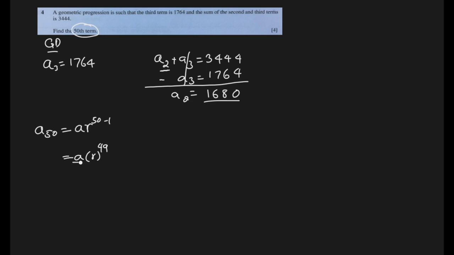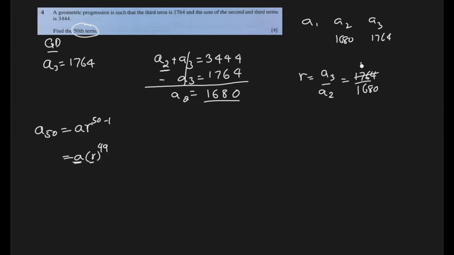We don't know A, we don't know R. So since we know A2, 1680, we just got it. And A3 was 1764, little more than that. So we can find R easily here. R will be any term divided by the previous term. So 1764 divided by 1680.